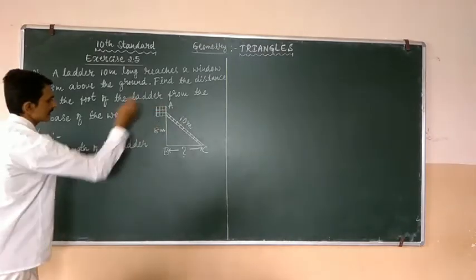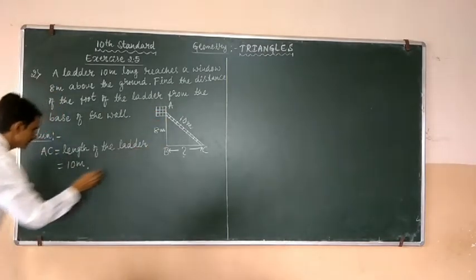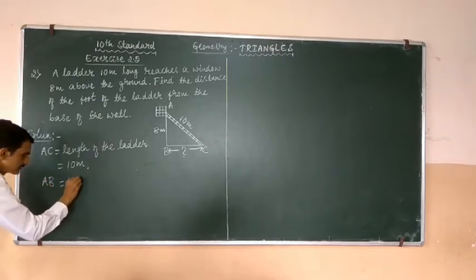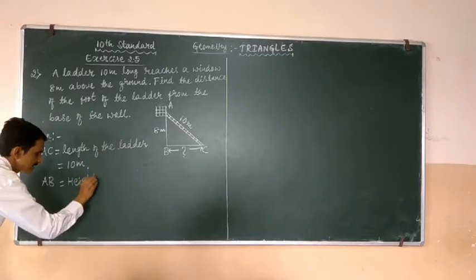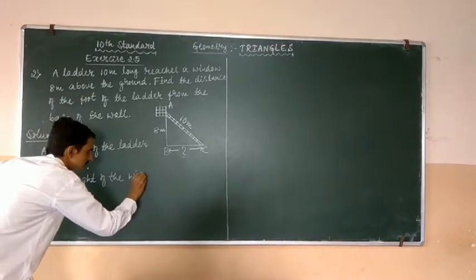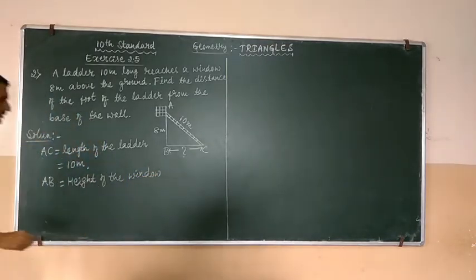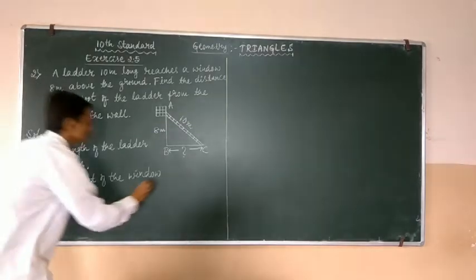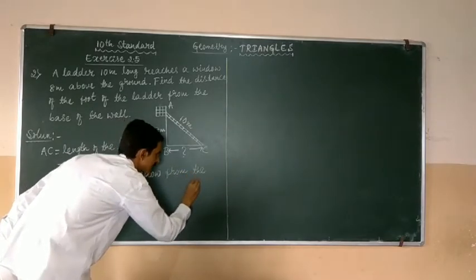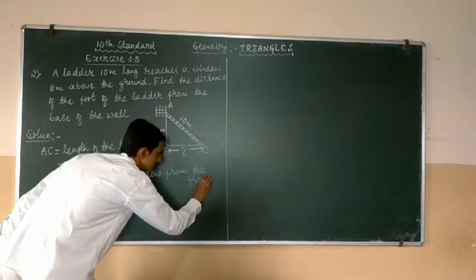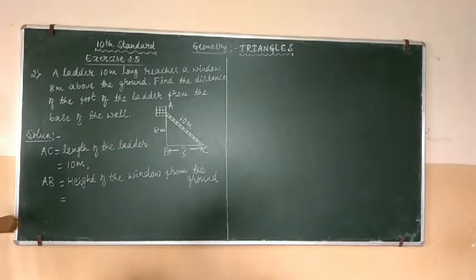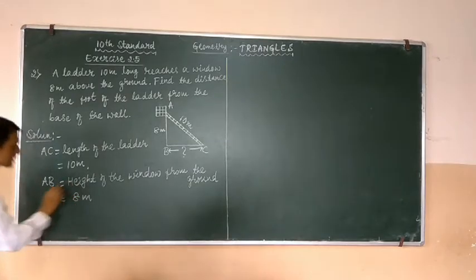AB is the height of the window from the ground, which is equal to 8 meter.